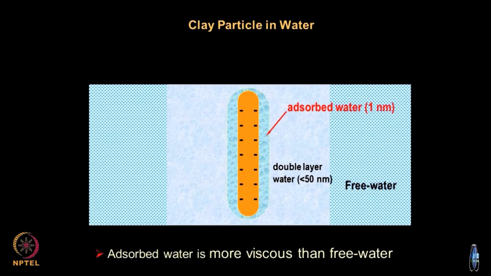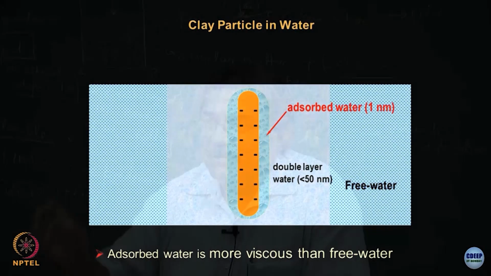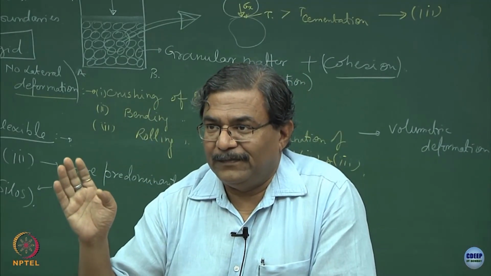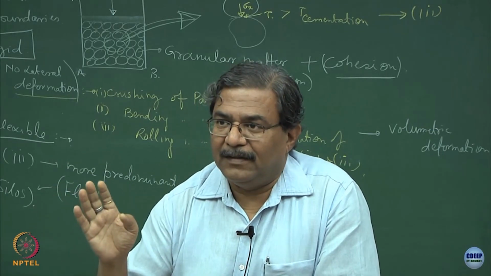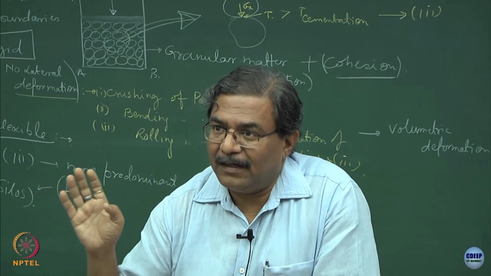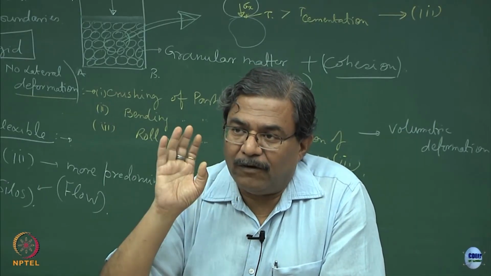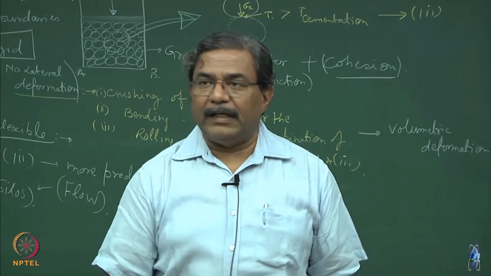However, this cannot happen in sands because sands are surface dormant, they are not surface active, there are no charges on them, clear. So, whatever we have been discussing right now is all for very fine particles like clays.